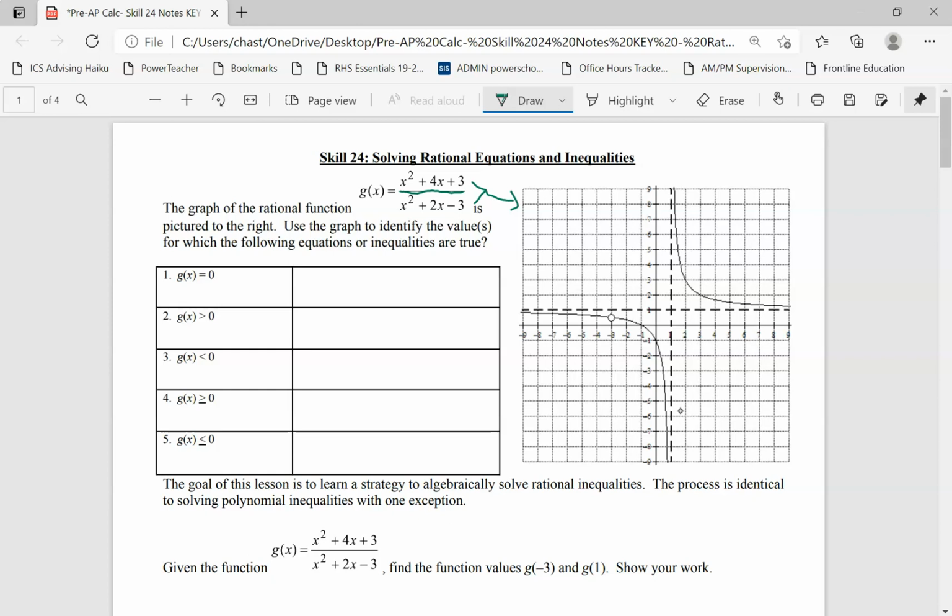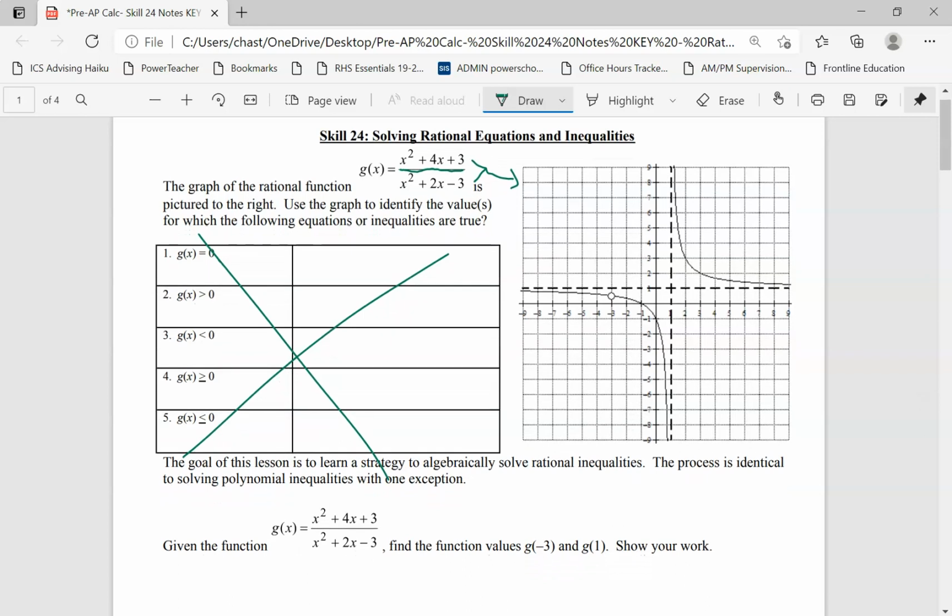But first, I'm going to skip some of what's here and make the connection of the function form to the graph. We're going to notice something happens in this function at -3 and also at +1.